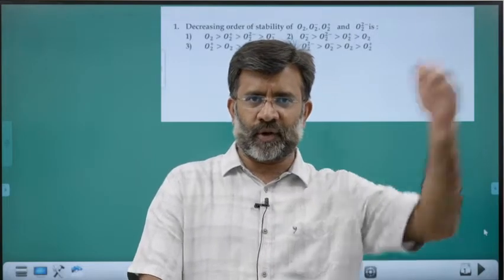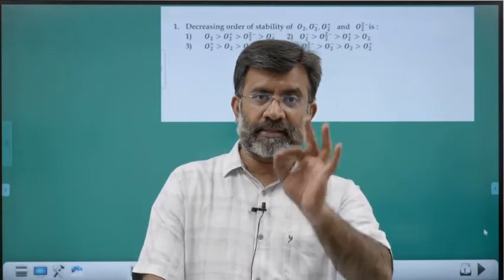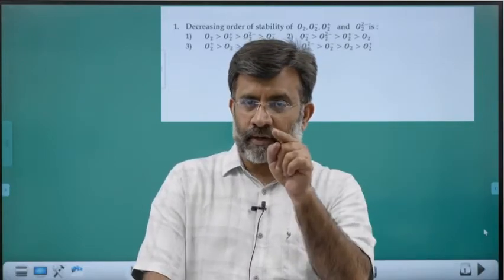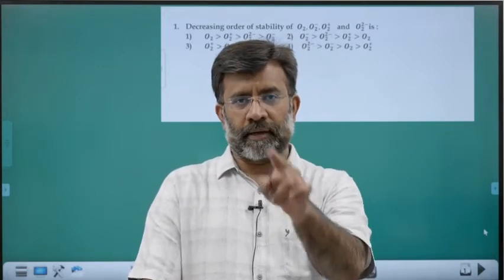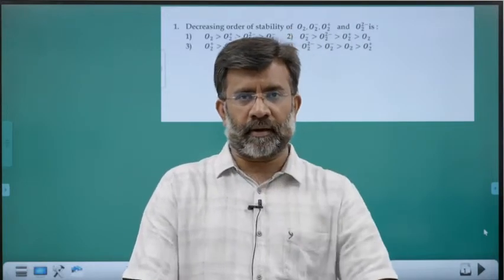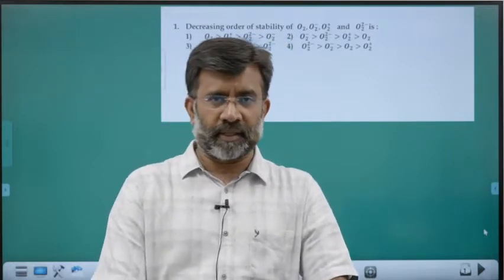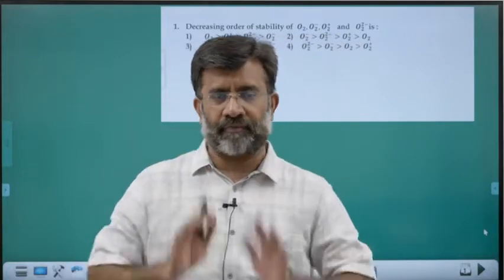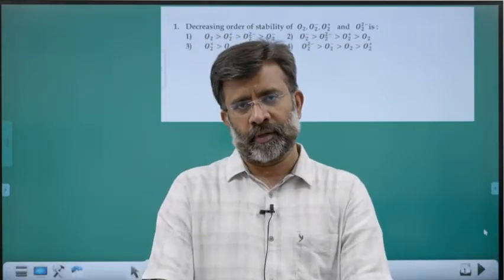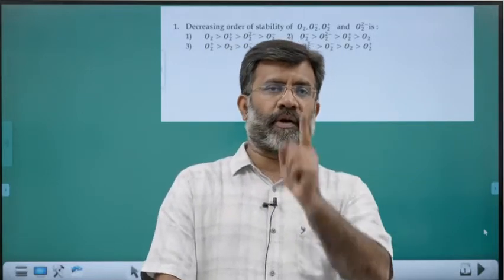The last configuration is pi star 2px1, pi star 2py1, so the next electron will go to the pi star orbital. An electron entering the pi star orbital will destabilize the molecule, and thereby the bond order decreases by half for each electron. So O2 bond order 2 becomes O2 minus bond order 1.5.